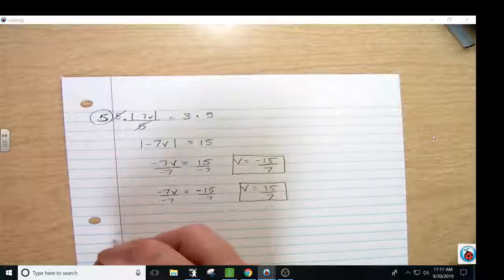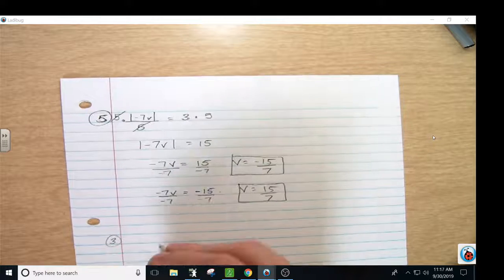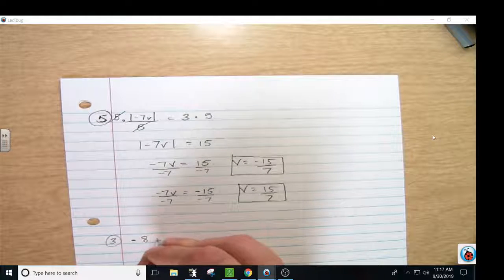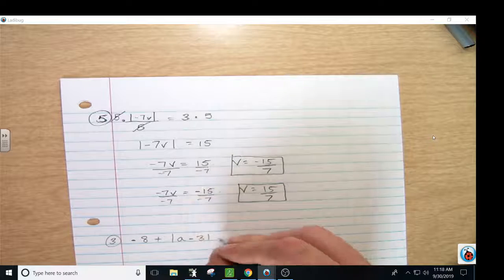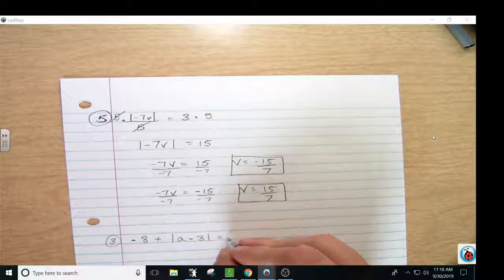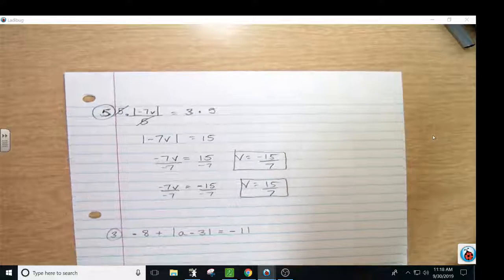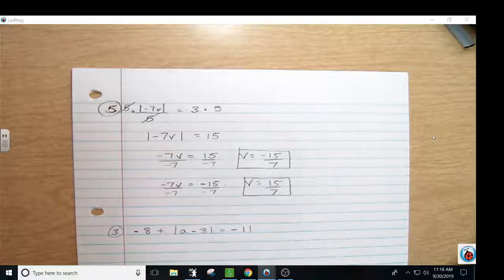Let's do number 3 because I need to show y'all something. Now, guys, one thing you have to remember: absolute value is the distance from 0.